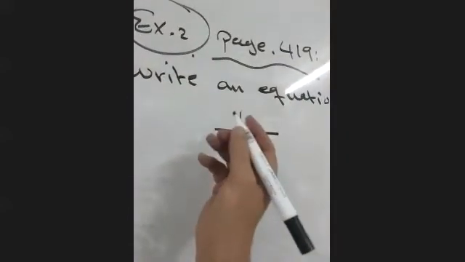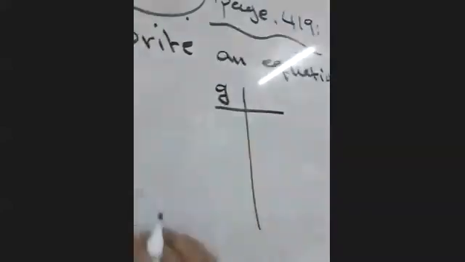G. So here we put at the first one, G. Good. Now, the vertical one, what's the variable? H. So here we put H.